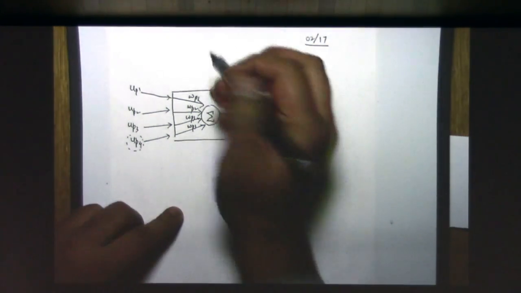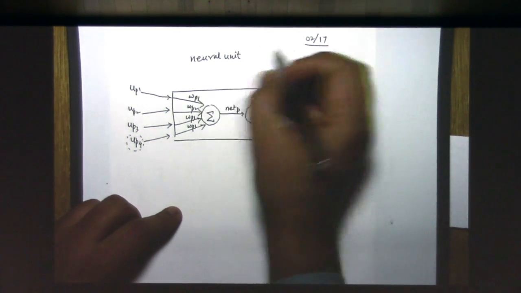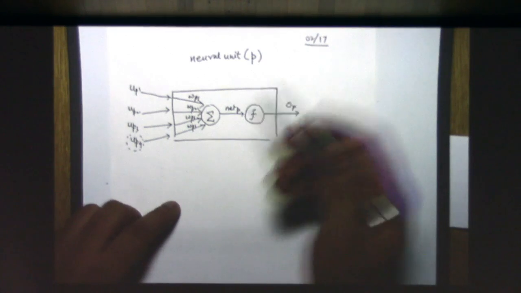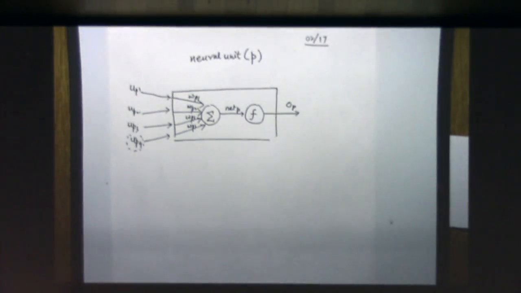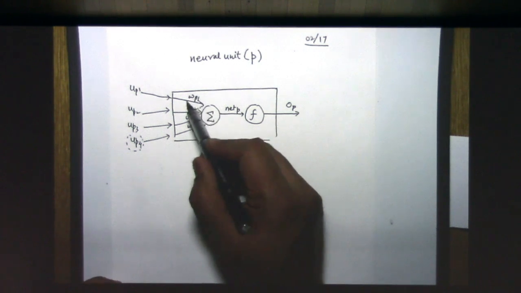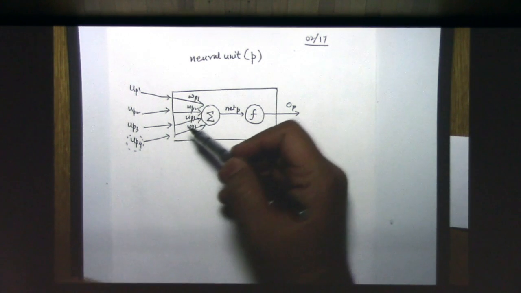So this is a neural unit, and this is neural unit number P. That's why you'll see a P everywhere. The reason I do this is because later we'll have many units, so I want some way to index them. But with each input lead, there is a weight coming in.